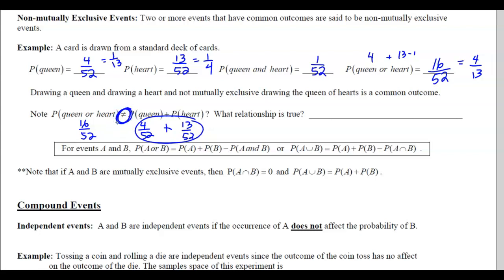So what's happened here, we have to subtract the queen of hearts, the one that's the and. What relationship is true? Probability of queen or heart equals probability of queen plus probability of heart minus the probability of the queen intersect the heart, because we've already counted it.